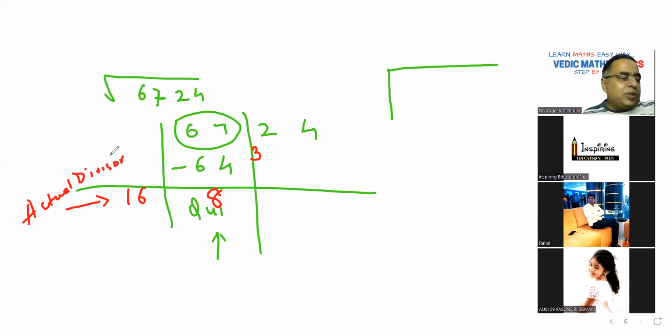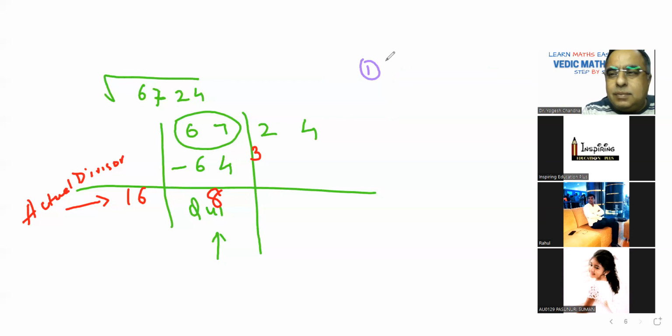Up till here, any question you have, first ask. No, sir, clear. Okay. In the flag method, what was our first step? Actual division, 32 divided by 16 we used to take.